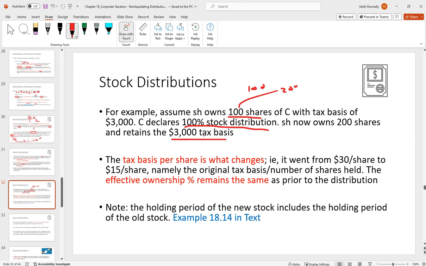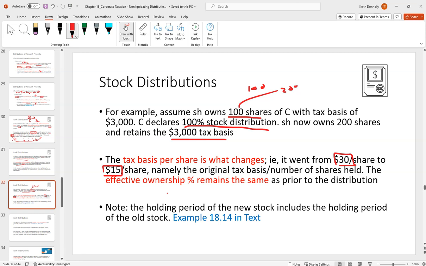The tax basis per share is what changes. Before, if you had 100 shares for $3,000, each share cost you $30. Afterwards, now you have 200 shares that cost you $3,000. You just have double the shares, but at half the tax basis. Your effective ownership is the same as prior. It's your tax basis that's changing there.